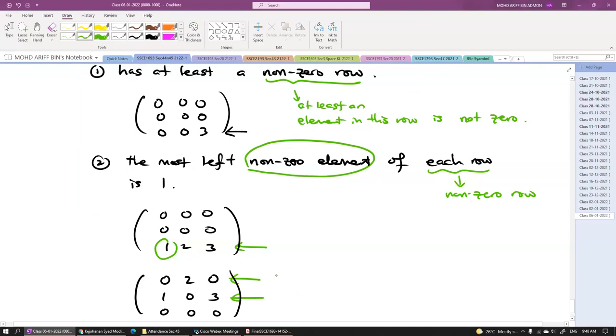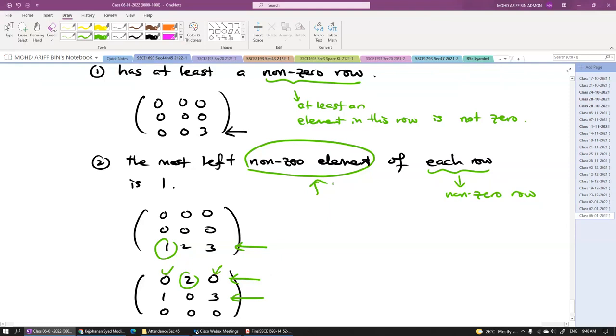Now for the first row, we consider non-zero elements. How many non-zero elements in our first row? Just 1, the 2. We do not consider 0, because here we consider just non-zero elements.